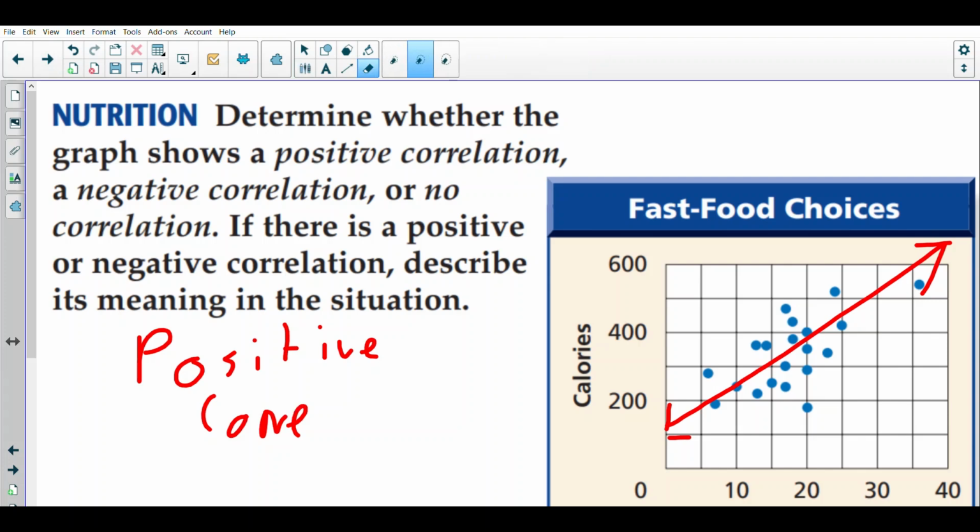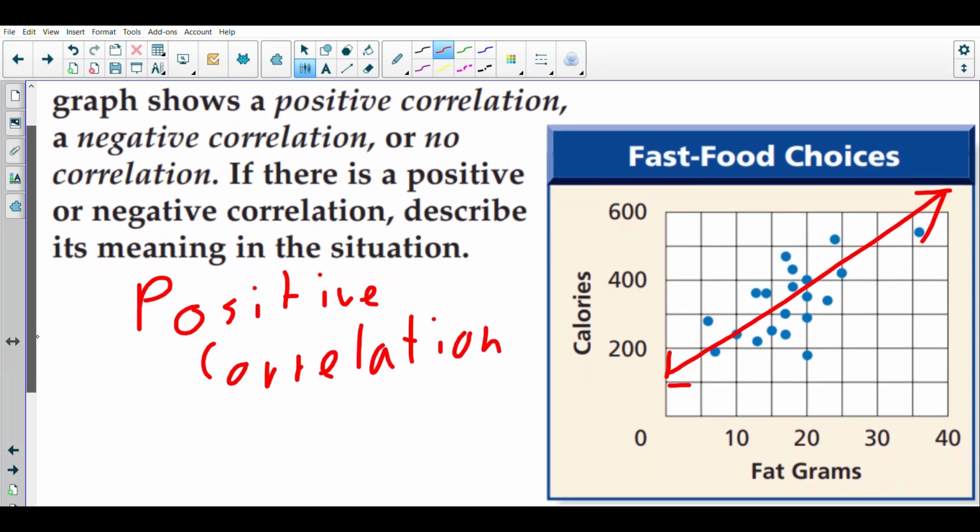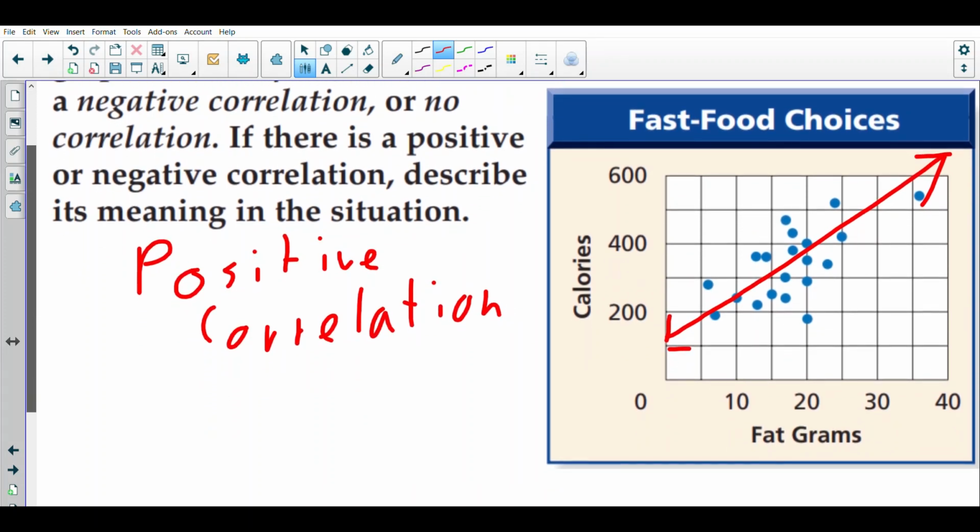Given that correlation, it looks like as the number of fat grams in fast food goes up, the calories go up.